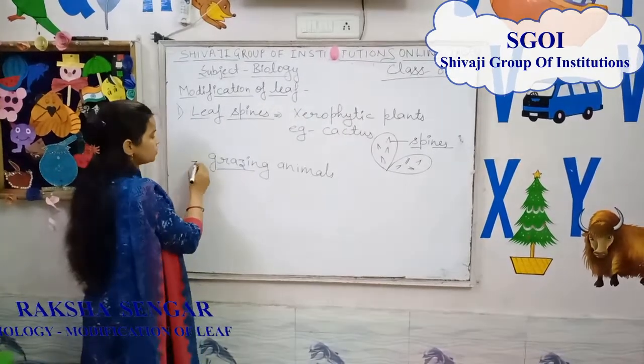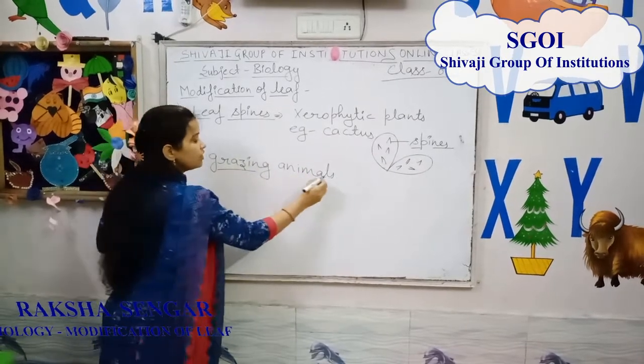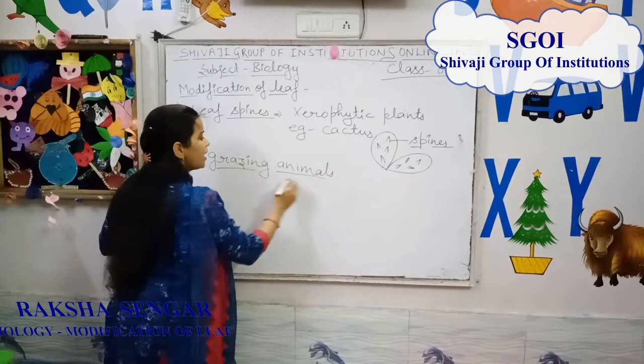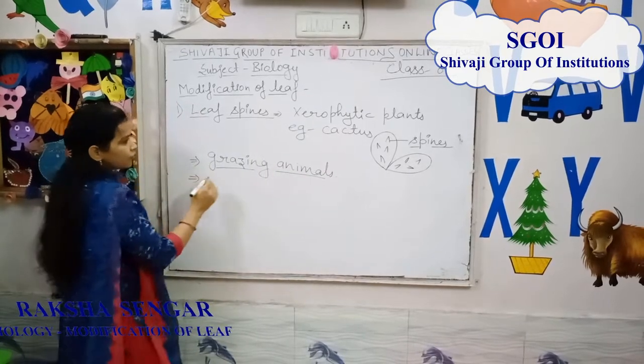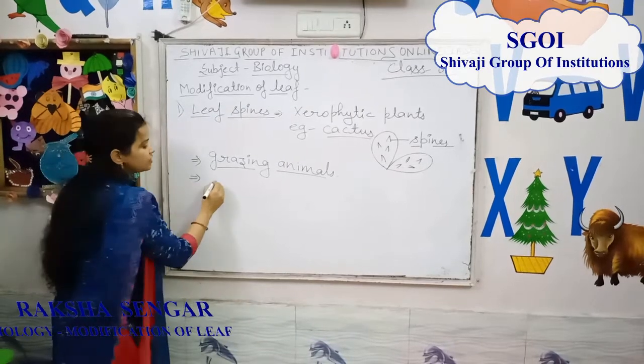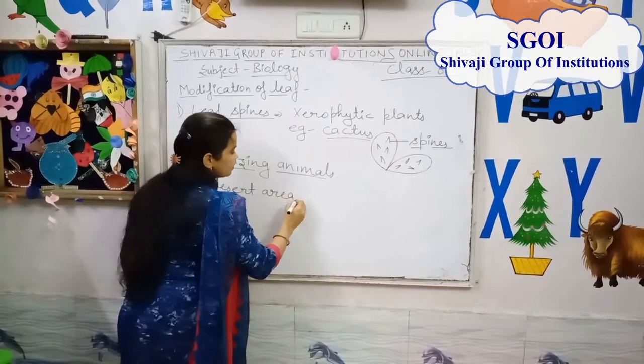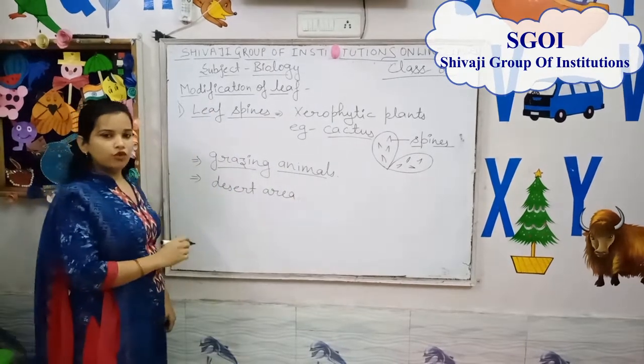So the first function of these spines is to protect the plant from the grazing animals. And next, you know students, the cactus is mainly found in desert area. And in desert area, there is a scarcity of water.